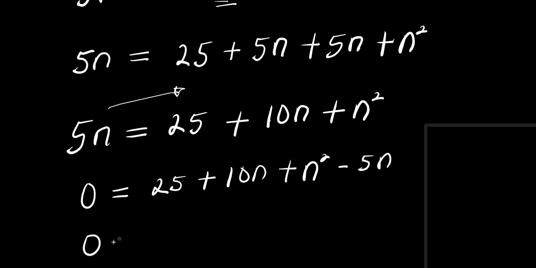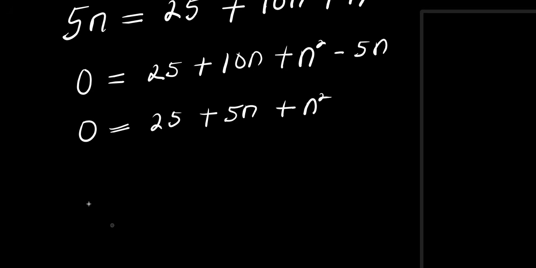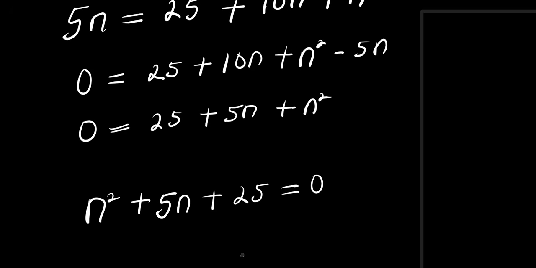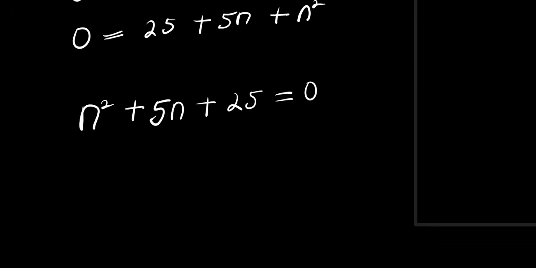So from here we have 0 equals 25 plus 5n plus n squared. So let's rearrange it. We have n squared plus 5n plus 25 equals 0.